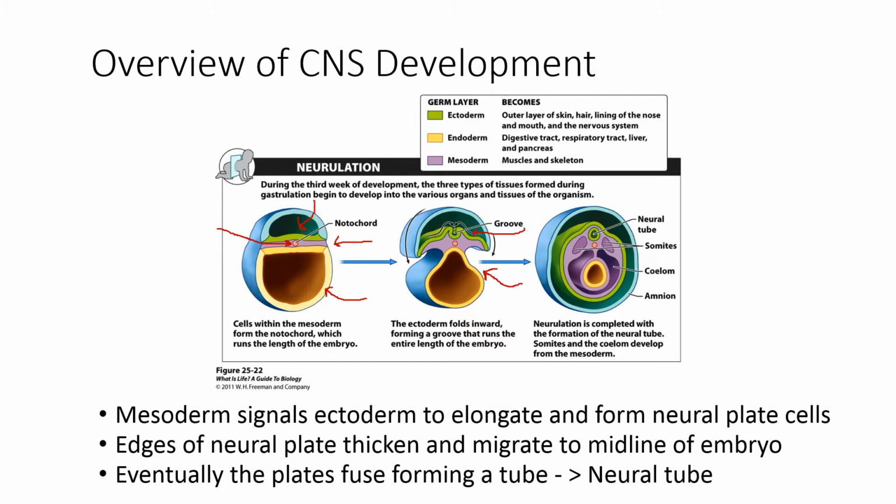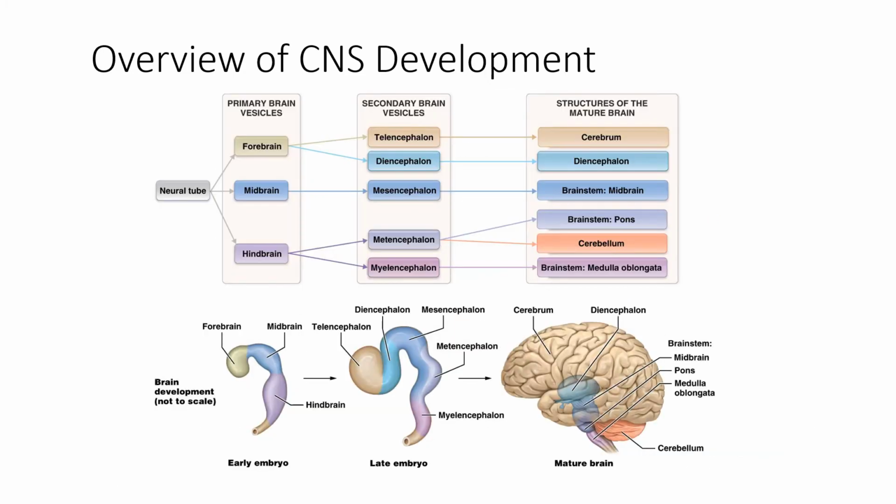When the plates fuse together, a tube called the neural tube is formed. So here's the neural tube. The neural tube eventually becomes the central nervous system. I won't go into much detail here, except to say that the neural tube can be divided into 3 regions.